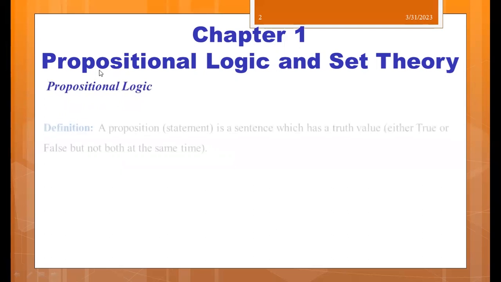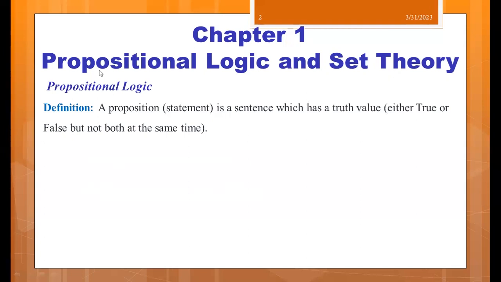Let us see the definition of a proposition, or simply a statement. A proposition or a statement is a sentence, but for this sentence to be a proposition, its truth value must be either true or false.